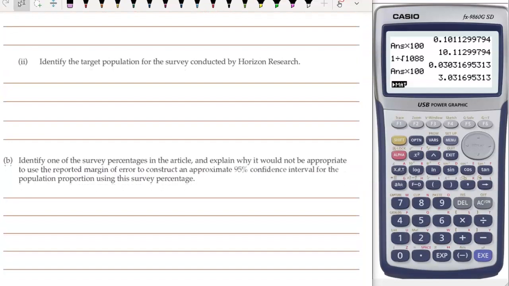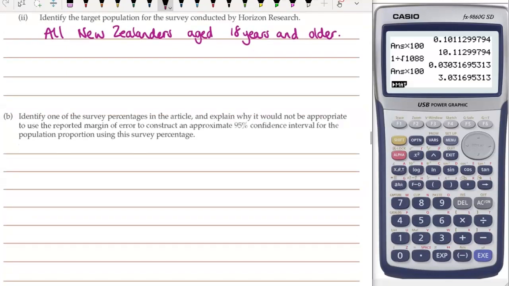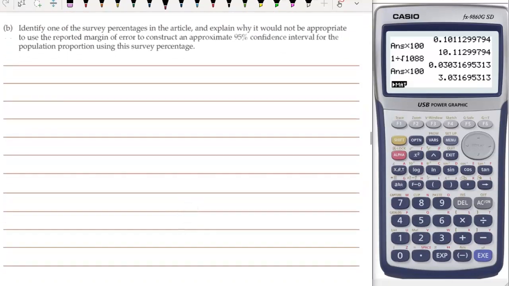All right, the target population is going to be all New Zealanders aged 18 years and older. If we want to identify one of the survey percentages that shouldn't have this margin of error applied to it, we're looking for any of those percentages that are outside of the range of 30 to 70%, because that's how we know we can apply the rule of thumb.